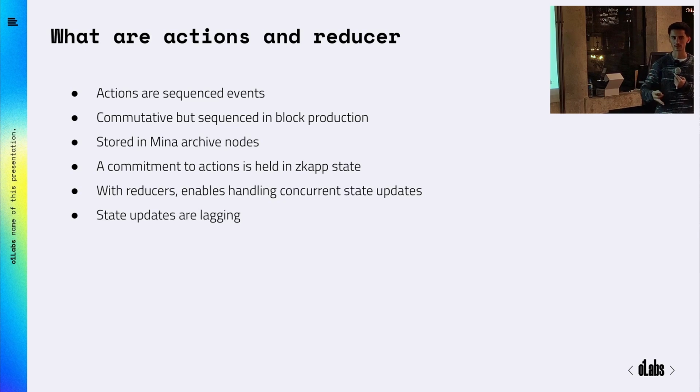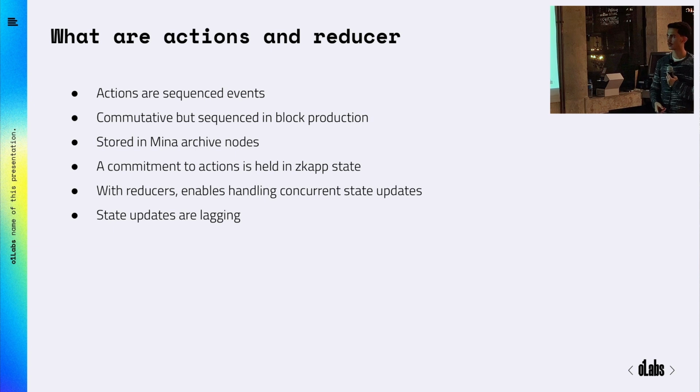Events, you can think of like the events in Ethereum. They are commutative when they are emitted and not yet in a block, but when they are put into a block by a block producer, they are sequenced. So after block production, there is no extractable value from the ordering.